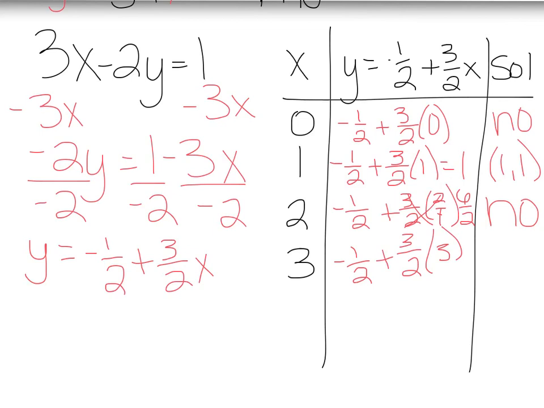When I plug in 3, I get negative 1/2 plus 9/2. What is negative 1/2 plus 9/2? 8/2. And what is 8/2? 4, sorry. So my solution would be 3 comma 4. Don't just jump to the conclusion that if you see a fraction, it's not going to work.